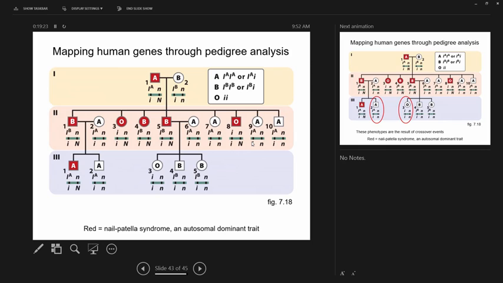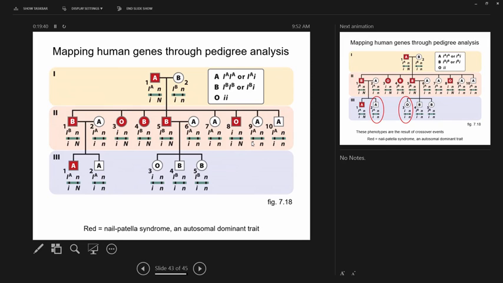So when you're working with human genetics, you can't do a bunch of crosses, ethics and all. And also, even if you could, humans would be like the world's most lousy model organism.